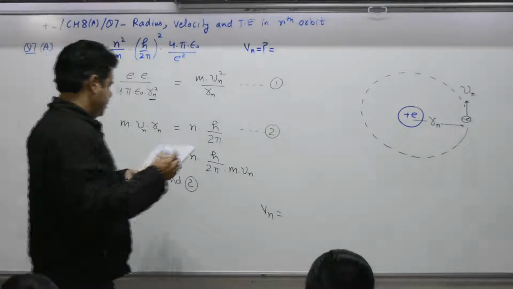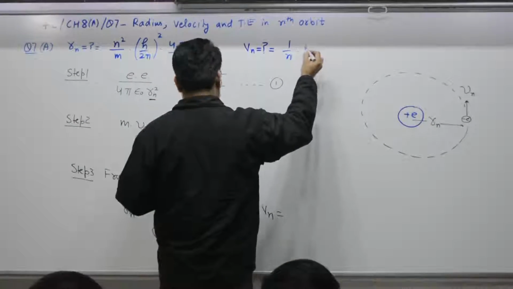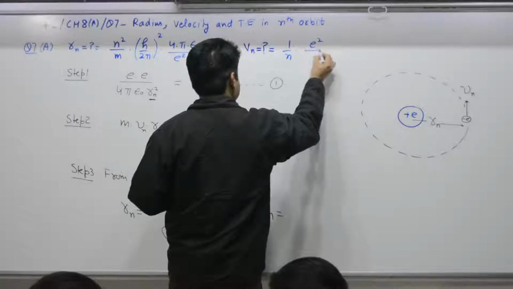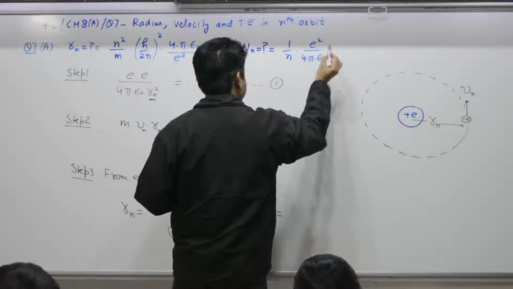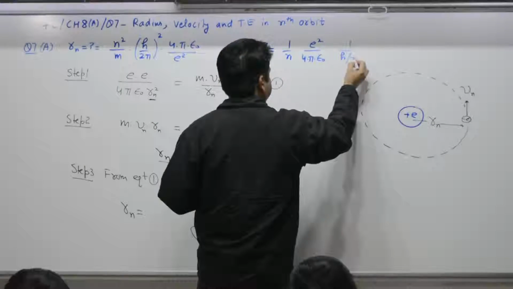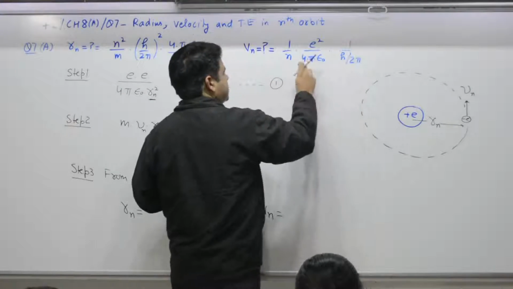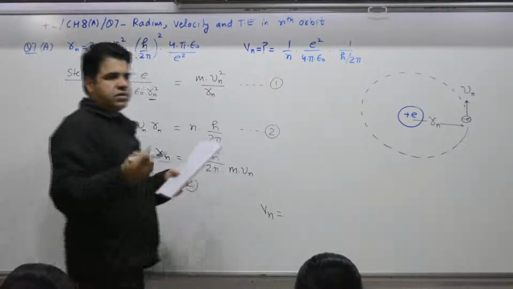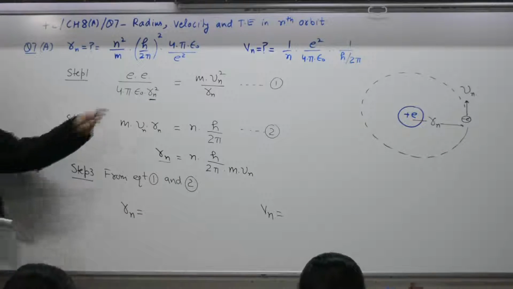And Vn is 1 by n, e square by 4 pi epsilon naught, h divided by 2 pi. If you shift this 2 pi to the numerator, with this 4 pi, you get 2. Right? How many of you are getting this answer? Vn is equal to this.